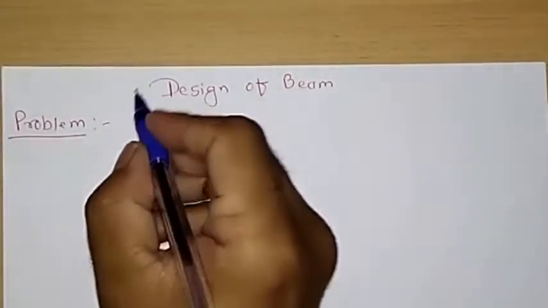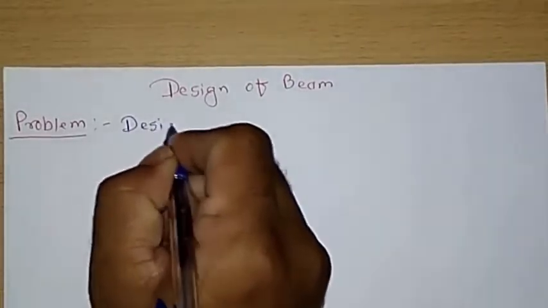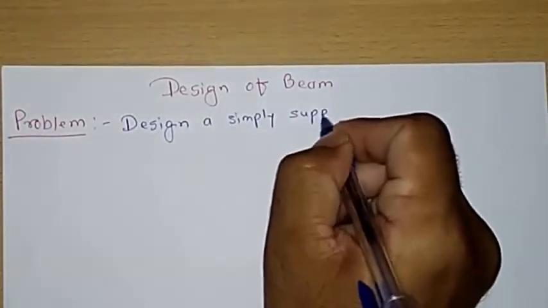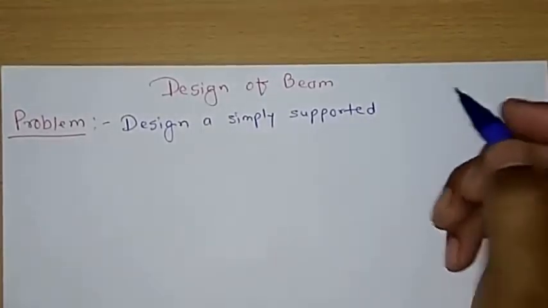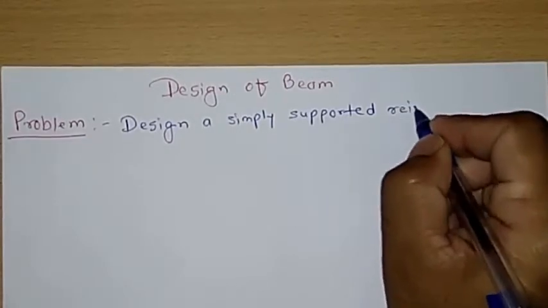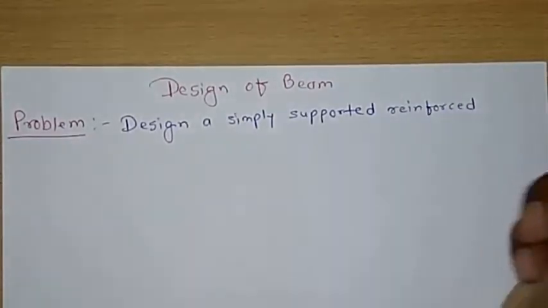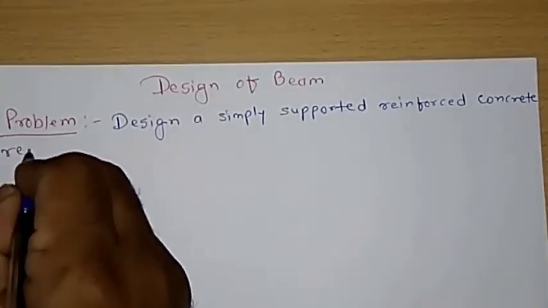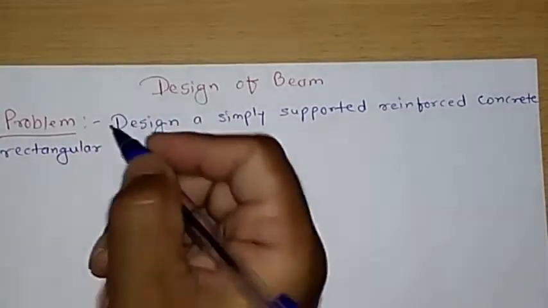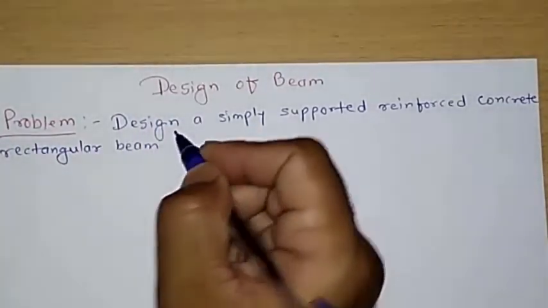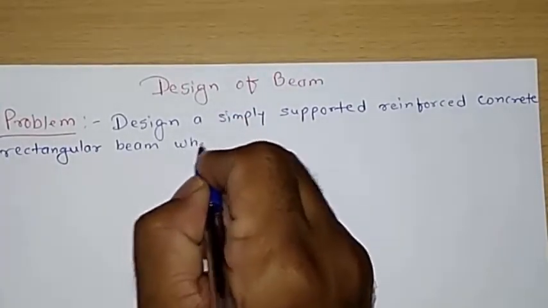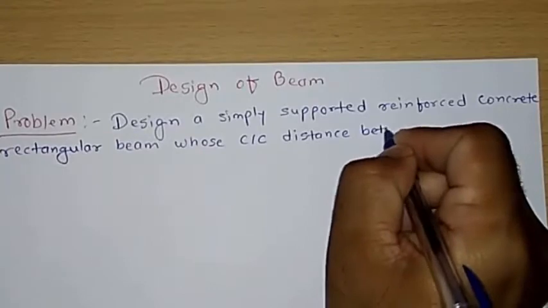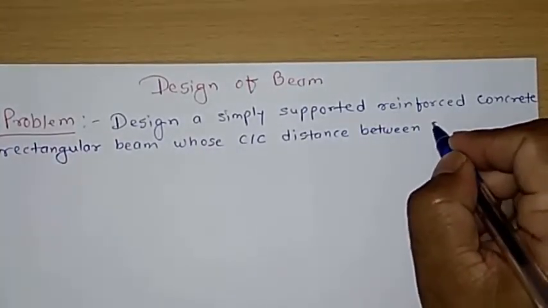So the problem is to design a simply supported reinforced concrete rectangular beam whose center to center distance between supports is 8 meter.